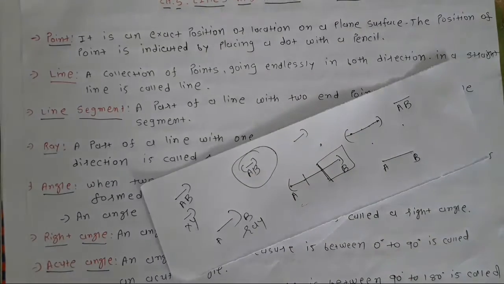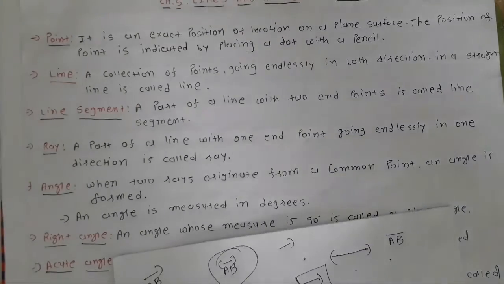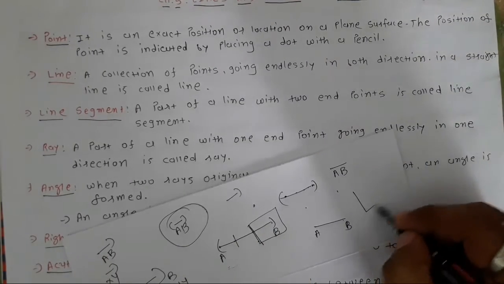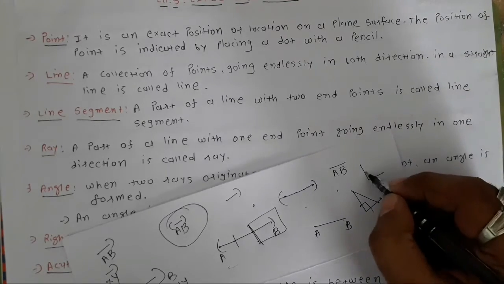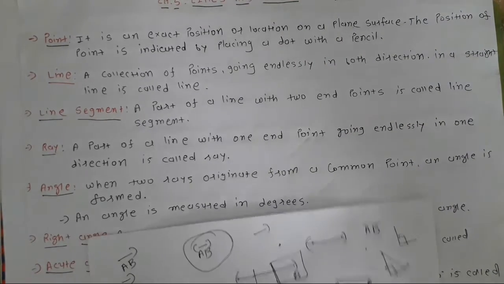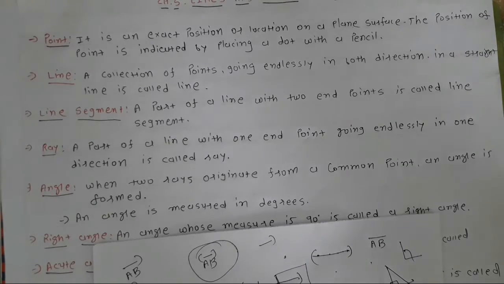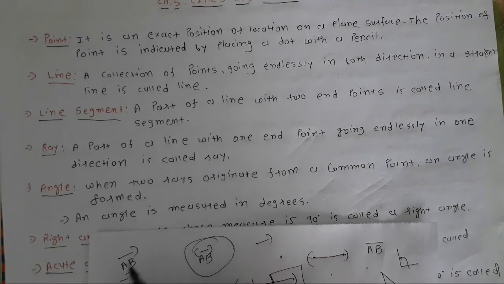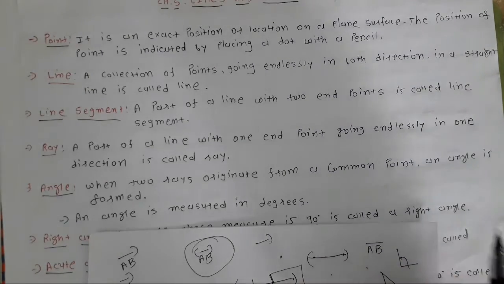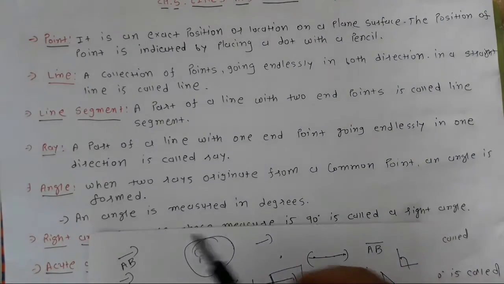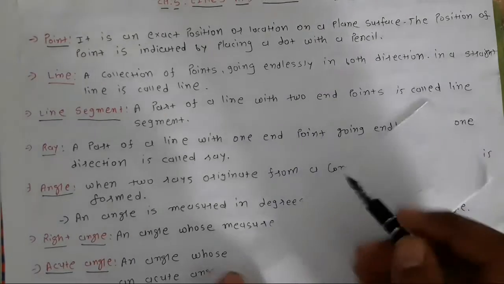Now moving to the next topic. The next topic is angle. Now what is an angle? Till now we studied angles in triangles, where line segments are there. Now how do we define an angle? Here we can see: when two rays originate from a common point, an angle is formed.